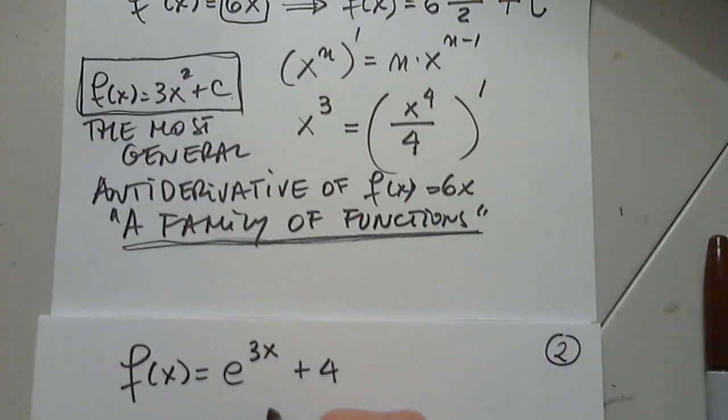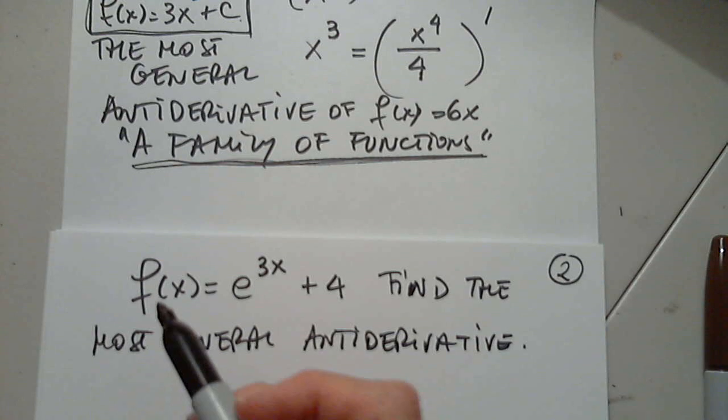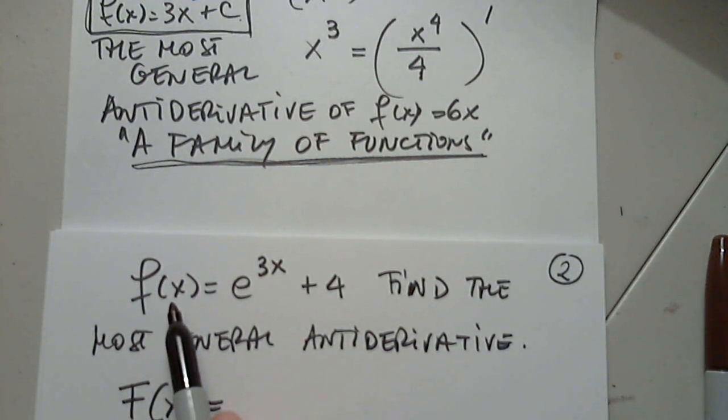We are given this function, and we are asked to find the most general antiderivative. Because the notation is lowercase f of x, I will have to use uppercase F of x as the notation for the most general antiderivative when the function is given to us as f.